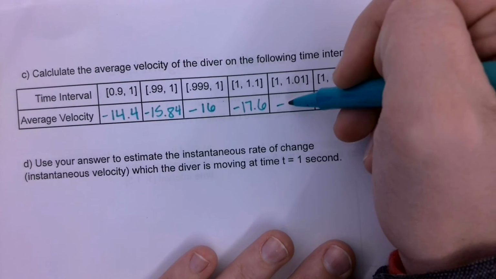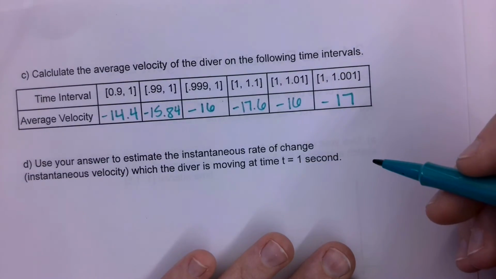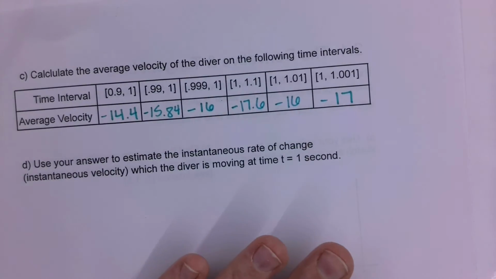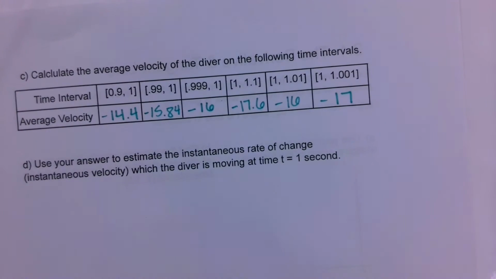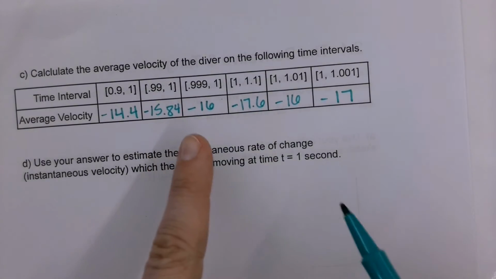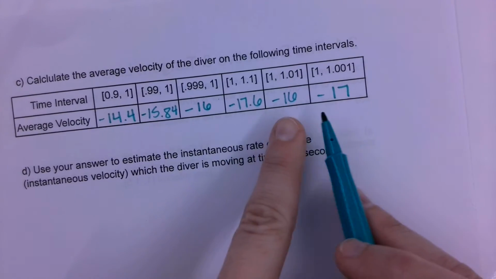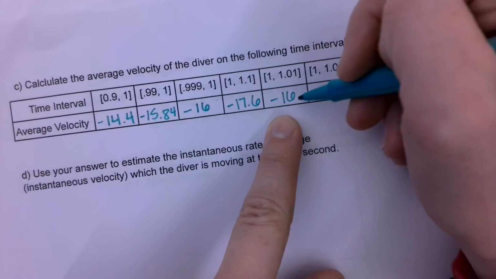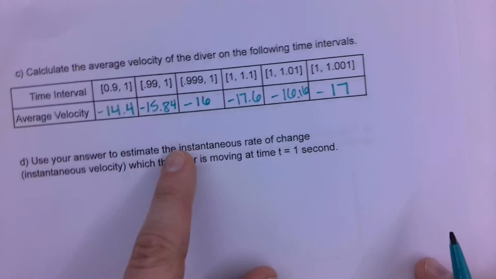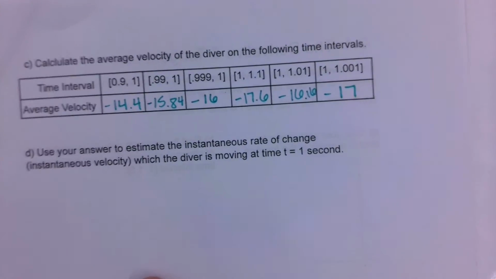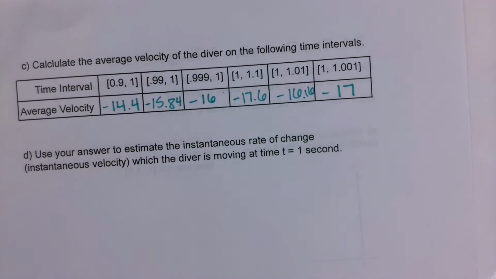Well, I think mine is wrong actually. How did I get 17 though? It should be getting closer to 16 actually. Now, these guys, I feel like you should have more decimals in there. Your 16 was probably like a 16.16, something like that. So you might need to look at your calculators to make sure you're getting more.